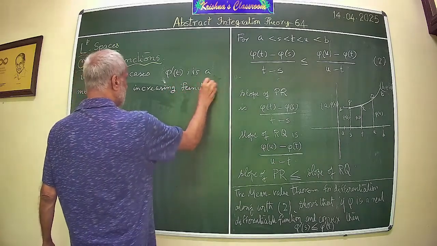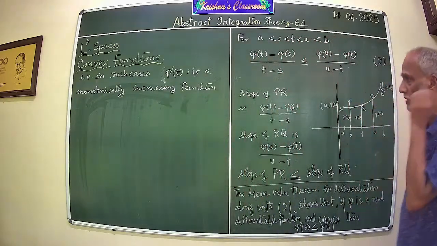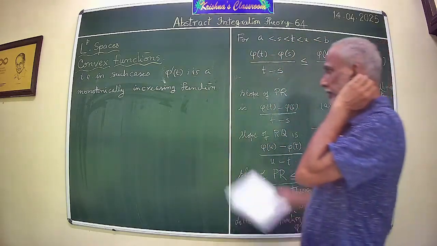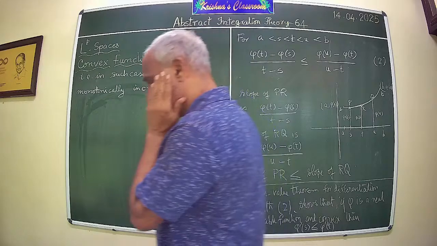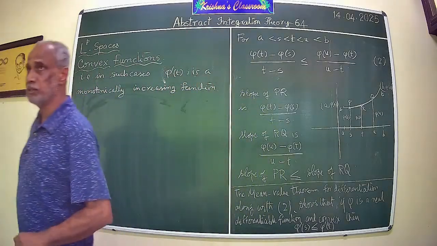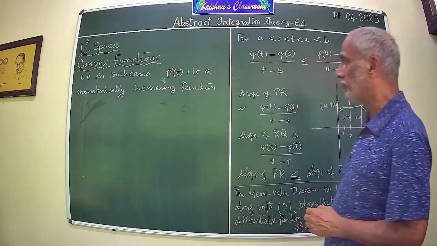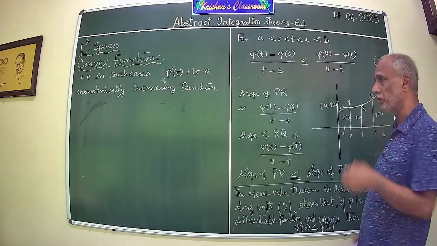Because convexity does not require the differentiability of the function, but in this special case of phi being differentiable also, then convexity means that the phi derivative is monotonic increasing.